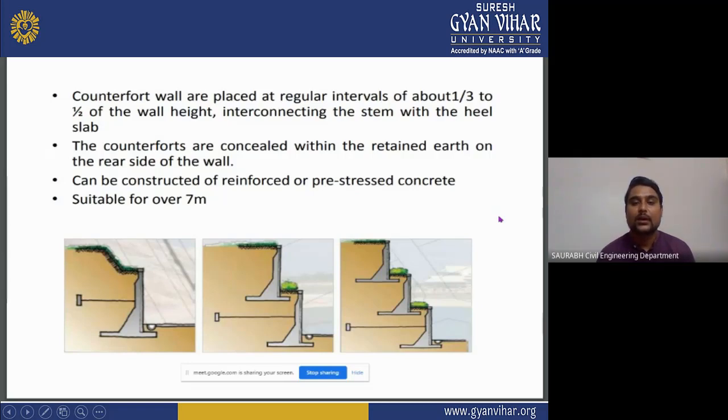It can be constructed of reinforced or pre-stressed concrete, and it is suitable for over 7 meter. And as you can see, this is the image of a counterfort wall, which works as a retaining wall, and this may be built for over 7 meter.